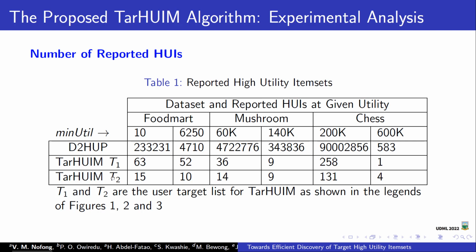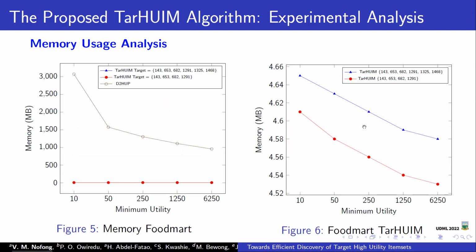T1 and T2 are the same targets as the legends in figures 1, 2, and 3. We can observe that for the targets that we have, our technique will always return a smaller set of high utility item sets from which the user can now make decisions based on the reported item sets.